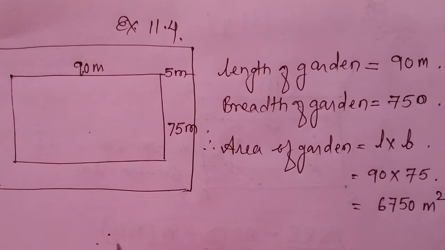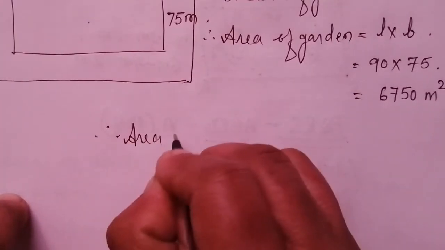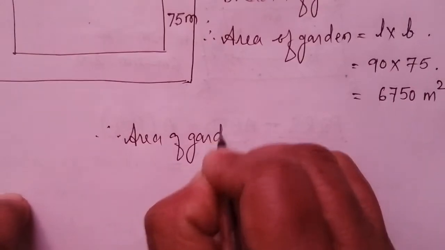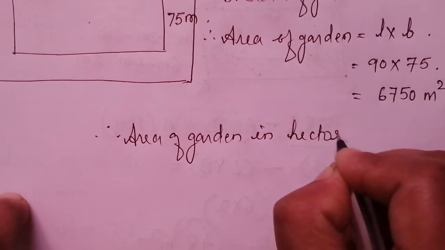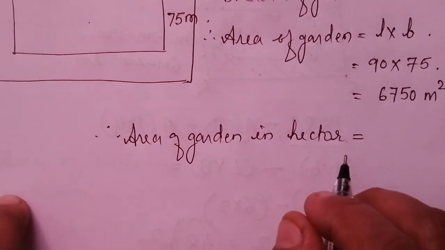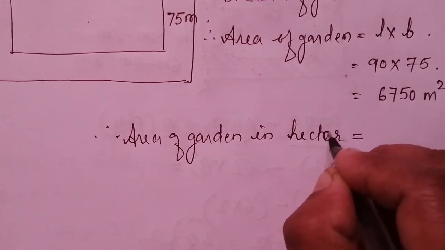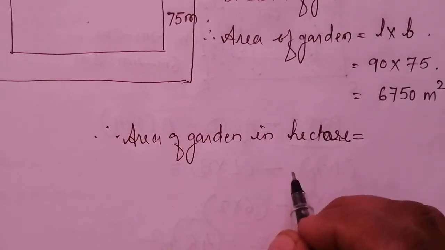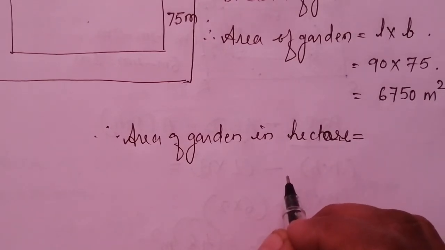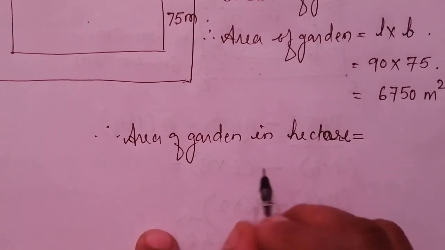So, the area of the garden in hectare. First of all, you must know what a hectare is. Area we always find in meter square.